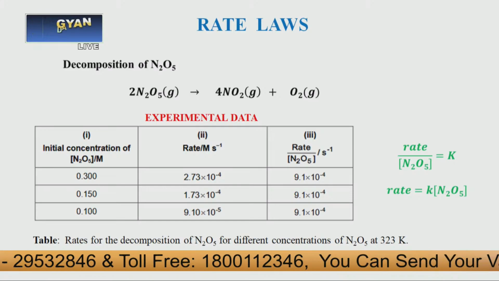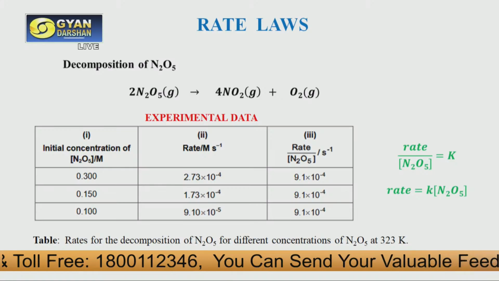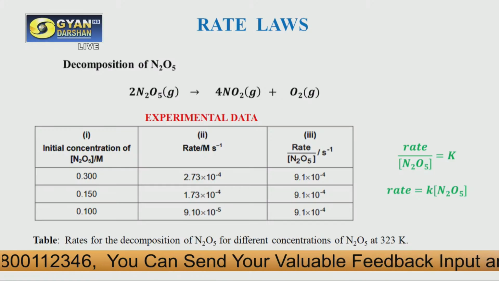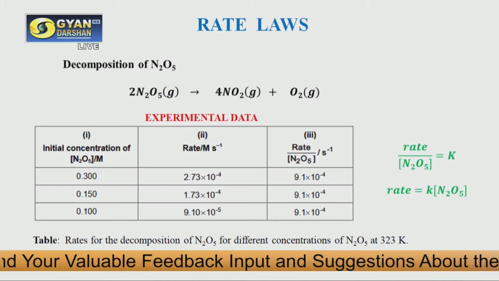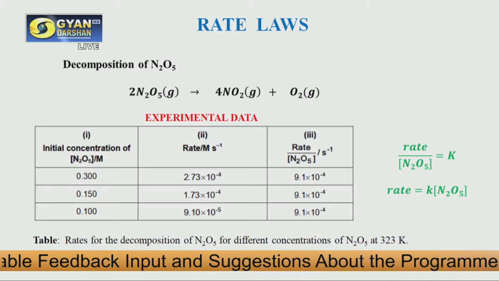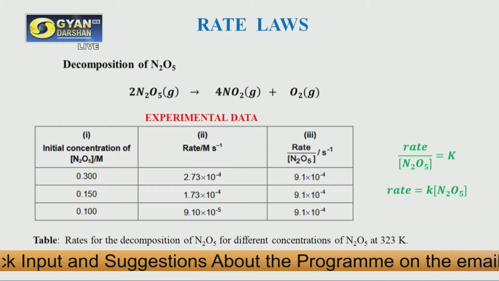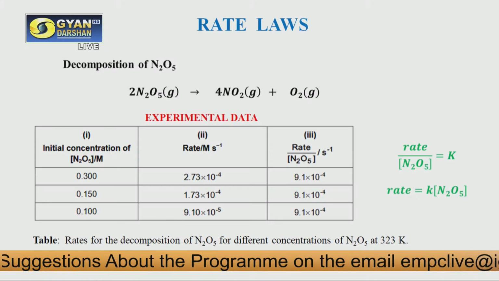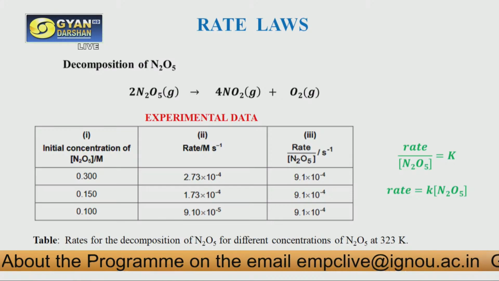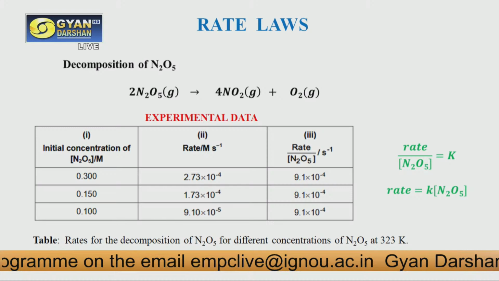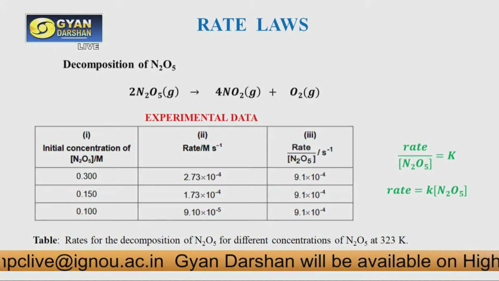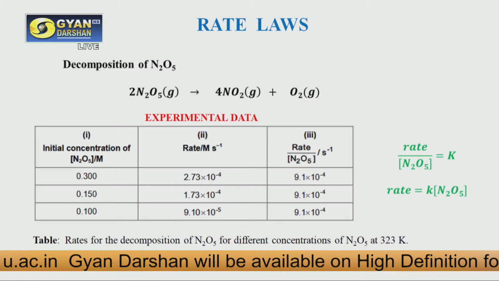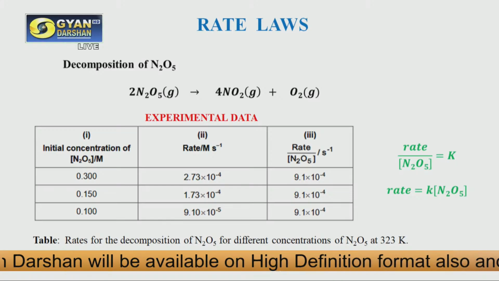Here is some experimental data: if the initial concentration decreases, initially 0.3, then 0.15 and 0.1, the rate simply decreases. For 0.3 molar it gives 2.73 times 10 to the power minus 4, and it subsequently decreases with the initial concentration.